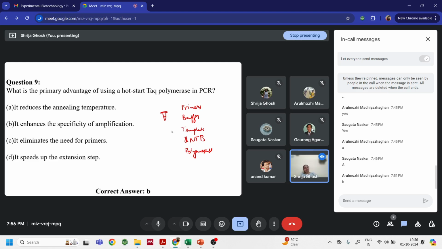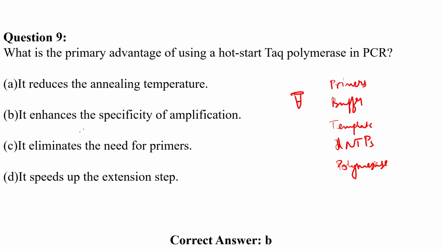Okay, so this is how we enhance the specificity for amplification. We will not get any non-specific binding. So what do we mean by non-specific binding? Let's say we have a genomic DNA. Genomic DNA will be a very long strand of DNA, right?